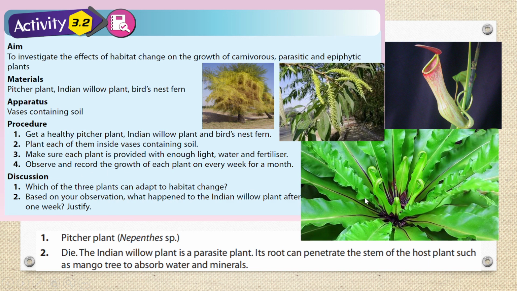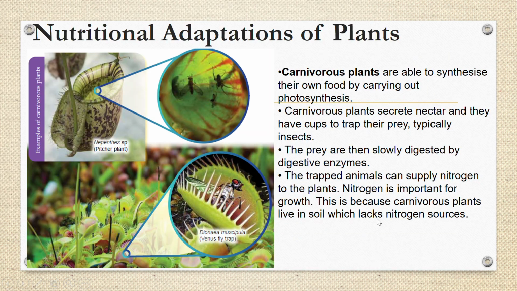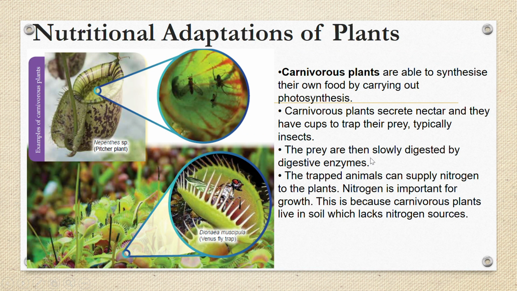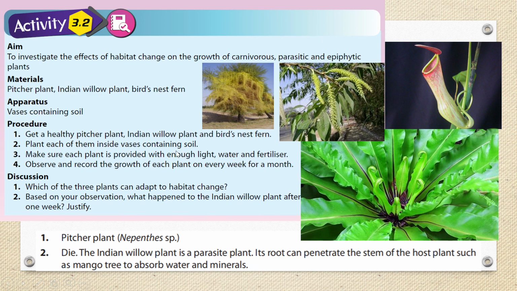How about this? This is the bird's nest fern. They are epiphytes, so they have to live on taller hosts. But now that they are living in a vase containing soil, they won't have enough supply of sunlight.